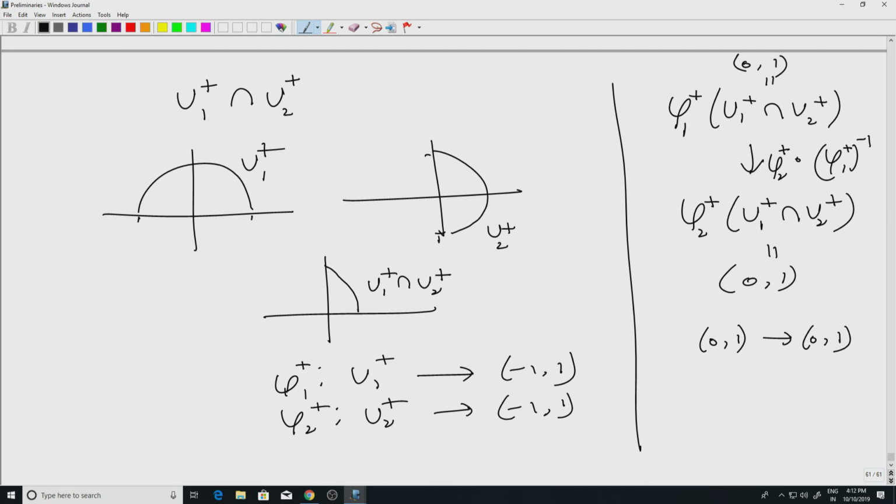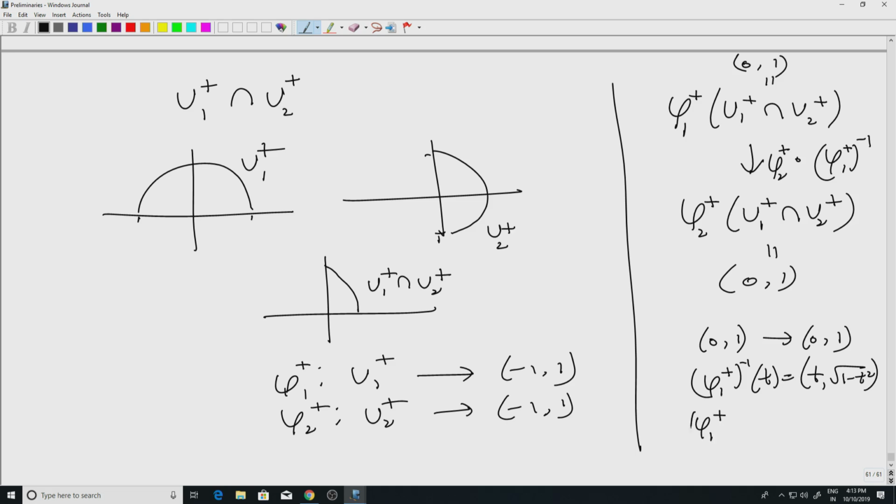I have to see what it is. Well, I already have a formula for phi1 plus inverse. Phi1 plus inverse of t was (t, square root of 1 minus t squared), and phi2 plus was just looking at the y coordinate.